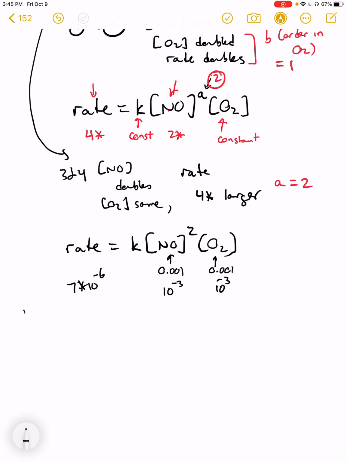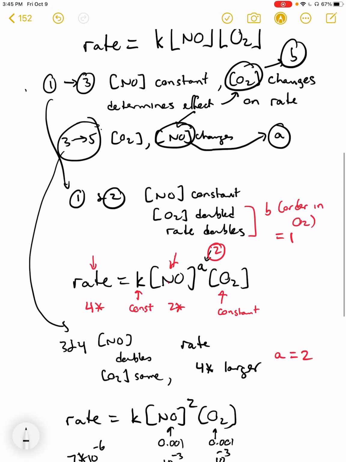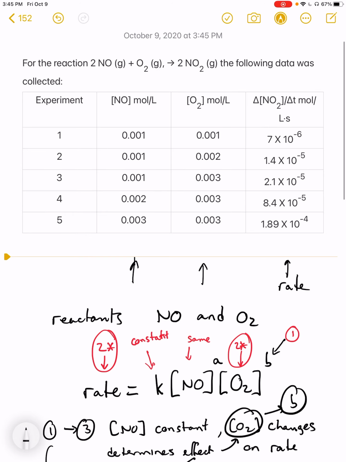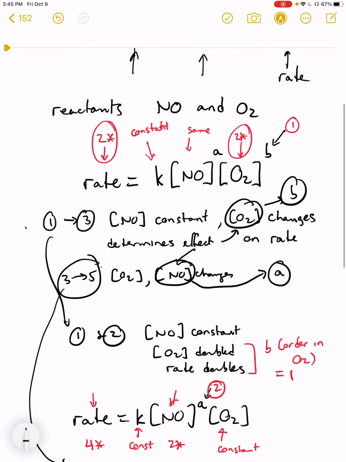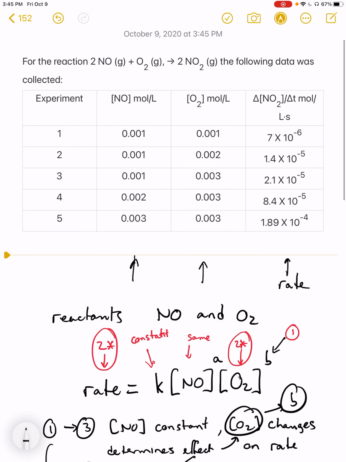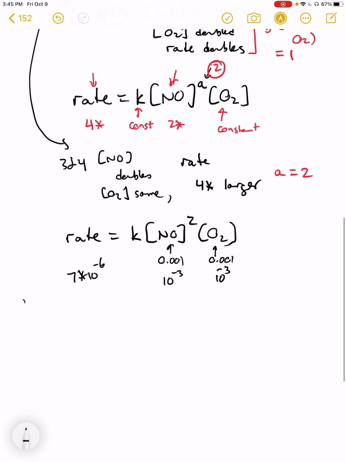I can now use that to solve for K. Now we're also going to have units in here. So my units are going to be moles per liter. And we could do it in moles per liter, but it might be easier to do it in molarity. So this is going to be a unit of molarity.